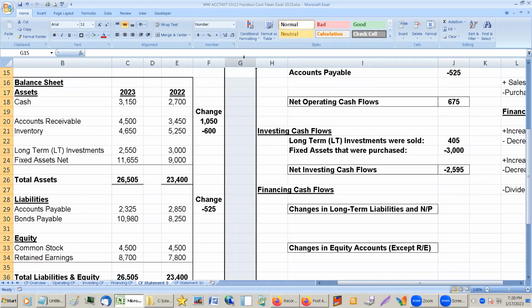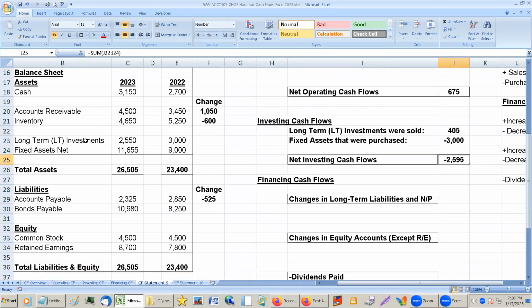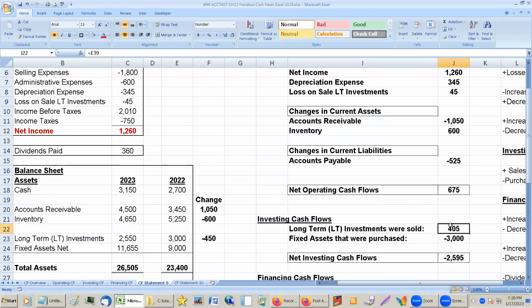Let me get rid of those. They're bugging me. Okay. Now here's the weird thing. If you look up here, it shows the long-term investments had a change of $450, and yet it's only 405. Why?